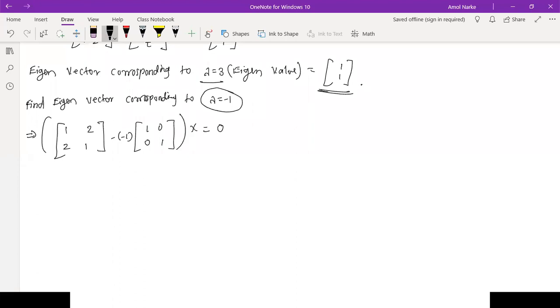Now the minus minus becomes plus 1. If I multiply 1 here, what I'm getting is 2, 2, 2, 2. Yes or no?